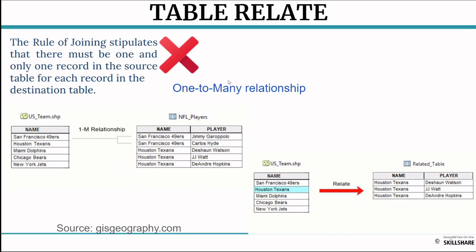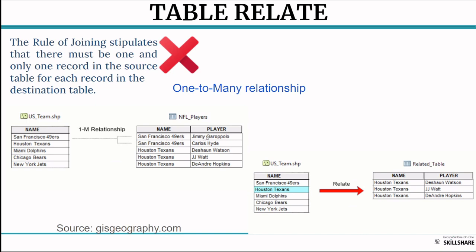So when we do a relate, we are saying that there's one record, and for instance, here is the US teams, and then here is the NFL players. Now, the NFL players table tells you about the player name as well, and we also have information about the team, the location, or where the team that we are talking about is.